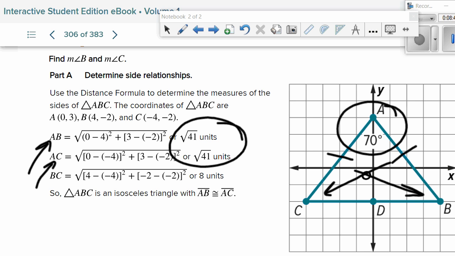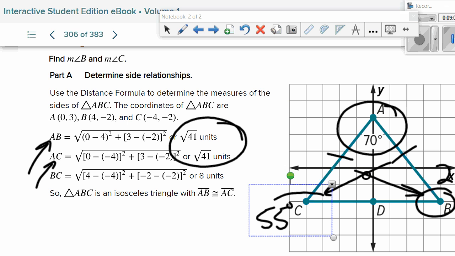If I subtract it, the other two angles together have to add up to 110. If I divide that by 2, I get that this angle down here is 55 degrees, and so should this one, because the two sides were equal.